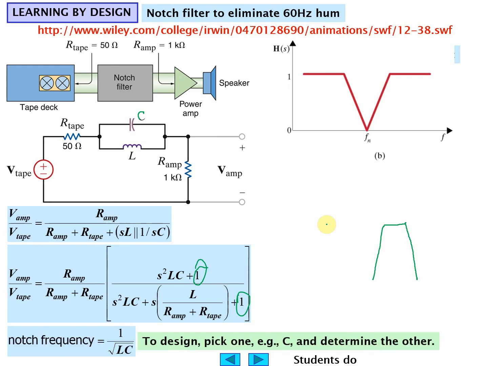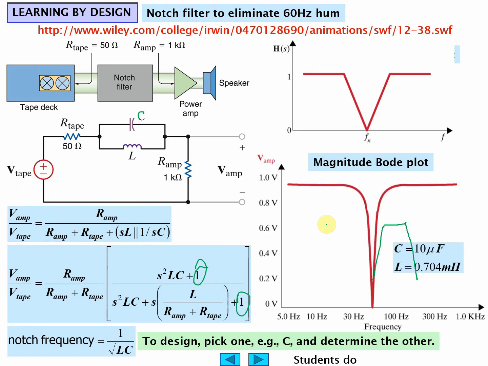Okay. Pick one, determine the other. Pick the capacitor, for example, determine the other stuff. And it's going to start out at 1. I drew mine backwards, upside down. The impedance, yeah, I got it flipped.